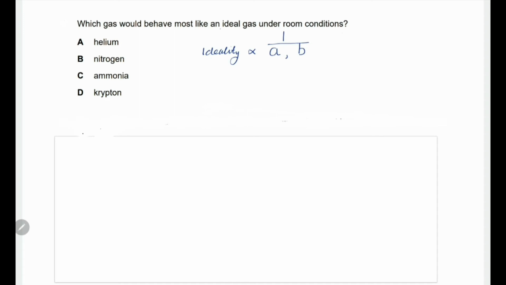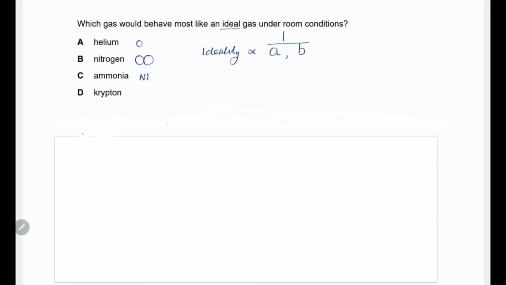Now they are asking for an ideal gas, which means the attractive force constant, the value of A, should be the least, and similarly the value of B, the size of the molecule, should be smaller. Looking at the choices, helium is a monoatomic molecule and its atom has a smaller size. Nitrogen is a diatomic molecule and the two atoms are connected by a triple bond.